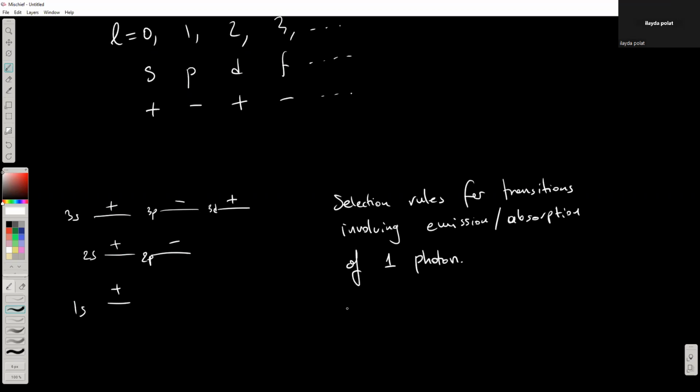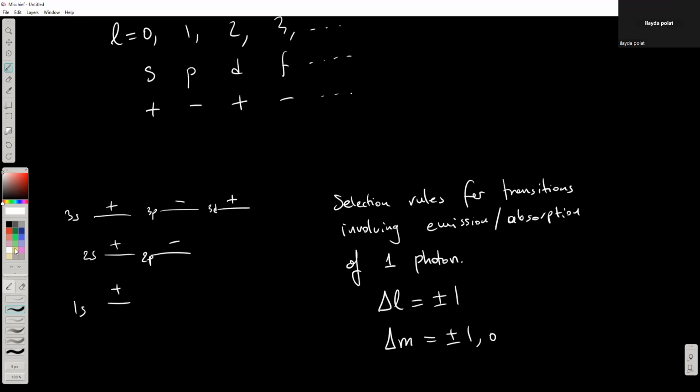Basically the rule says that delta l should be equal to ±1, and delta m should be equal to ±1 or 0. So there is no delta l equal to 0 rule. The l value should change.